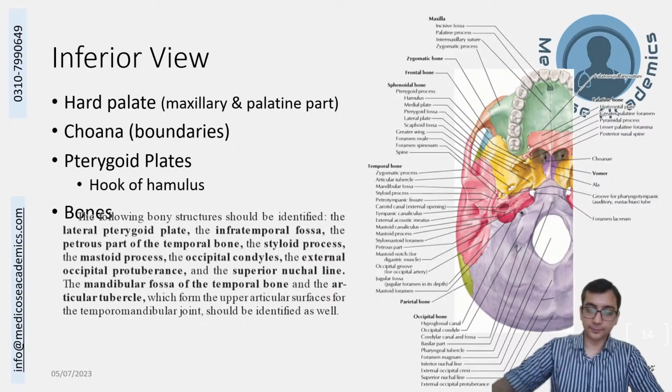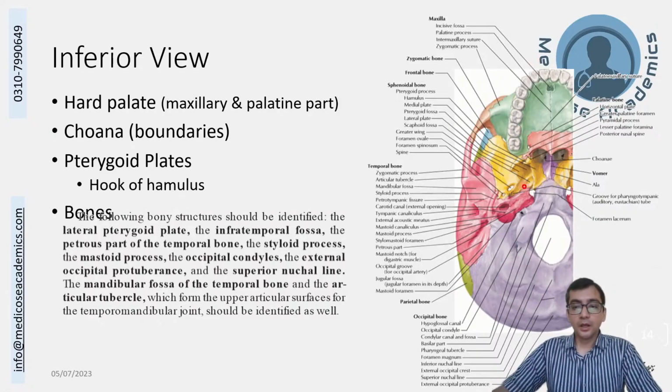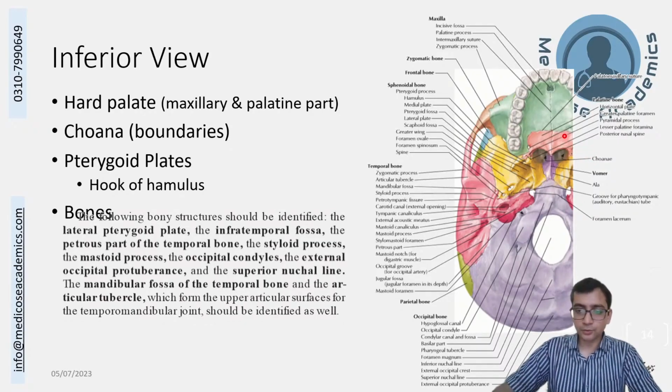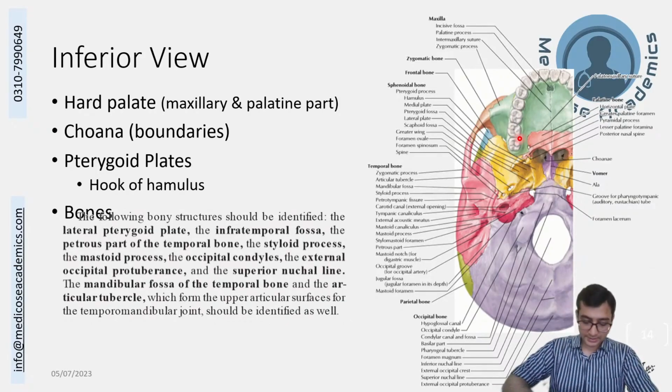Okay, let's start here. What do you see in the posterior aspect, inferior aspect of the skull? When you look at the inferior aspect of the skull, you roughly divide it into three parts. The part that is at the level of this posterior margin, you make rough lines at the level of this.